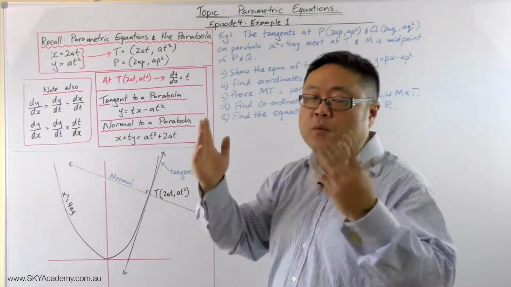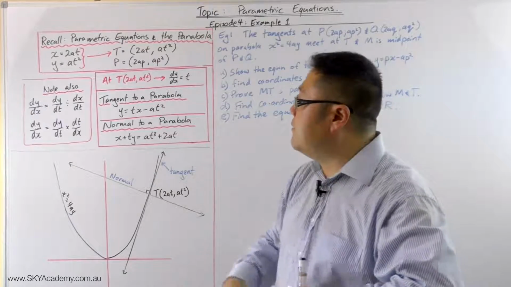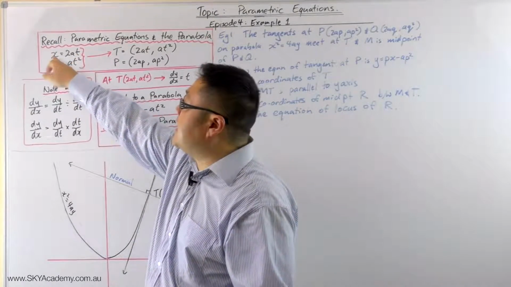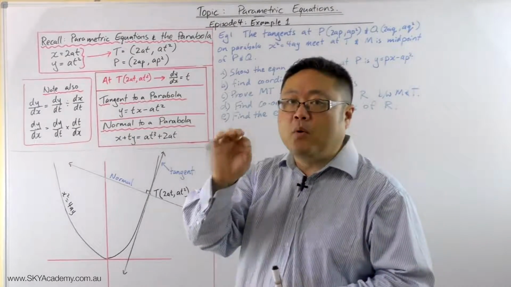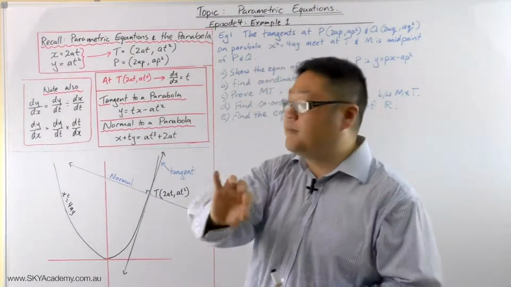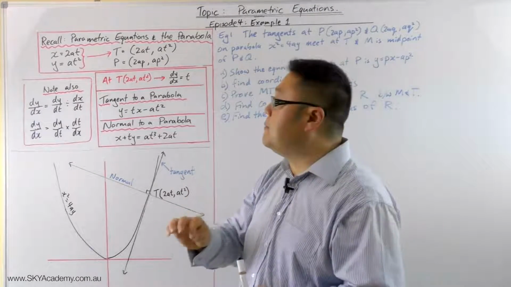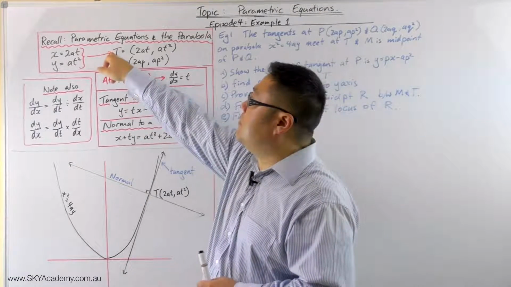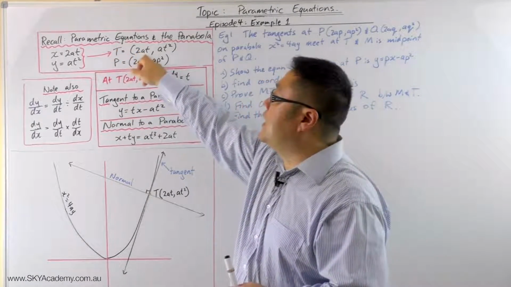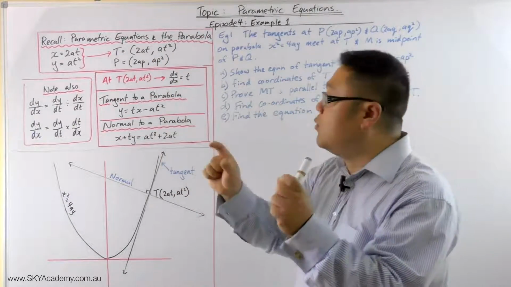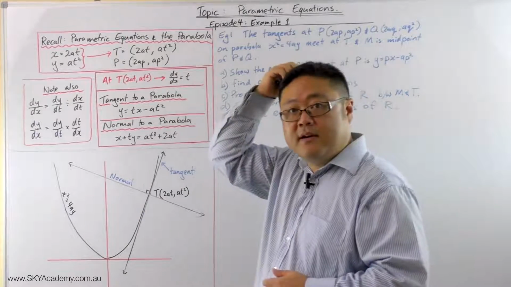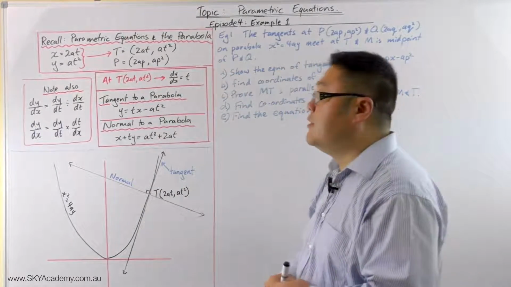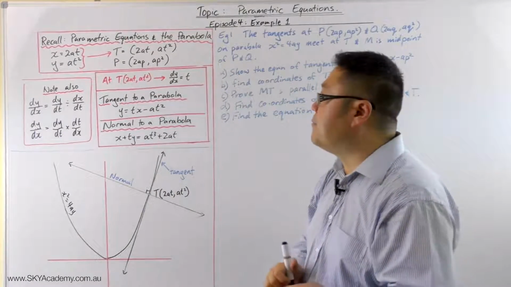It can be p or whatever letter you choose, but if x is equal to 2at and y is equal to at squared, then any point on that locus, on that moving path, will be given by the point t being (2at, at squared), the x and y coordinates of that point as it moves along the locus of a parabola.